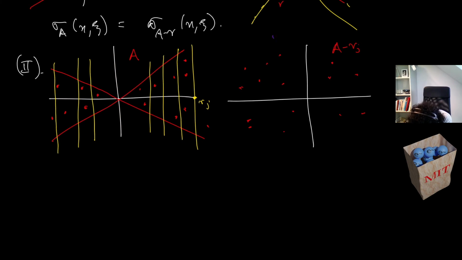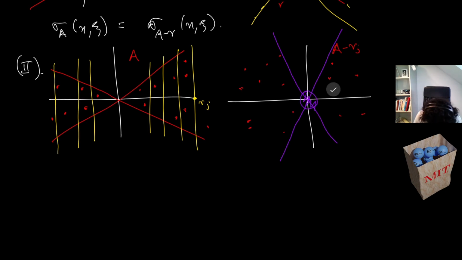But now we have a resolvent point at 0. And because we have a resolvent point at 0, and the resolvent set is an open set, we know that there's an open ball of resolvent around it.